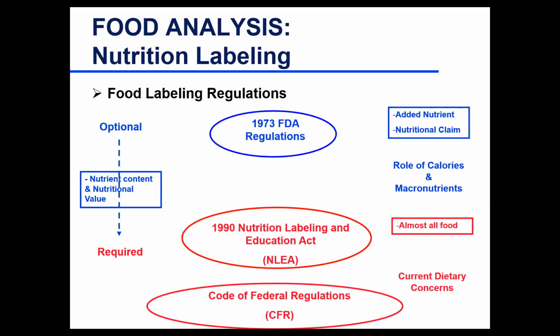And it became required, like you said, for all food products with very few exceptions. All of the regulations for this act and nutrition labeling are found in the Code of Federal Regulations.